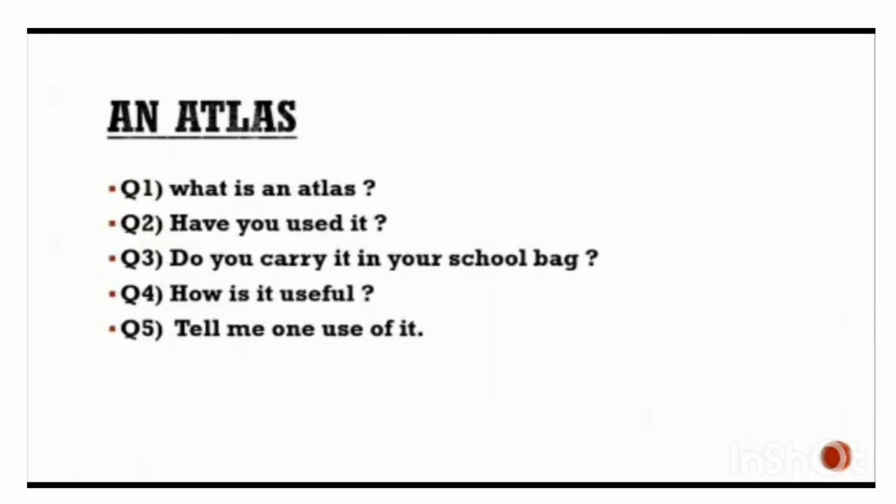And how is it useful? It is very useful for us, because when we study geography or history, we want to look at the specific places with which we are concerned. For that, we go to the map or the location on the globe as well as on the map.